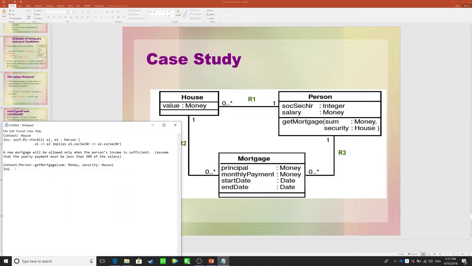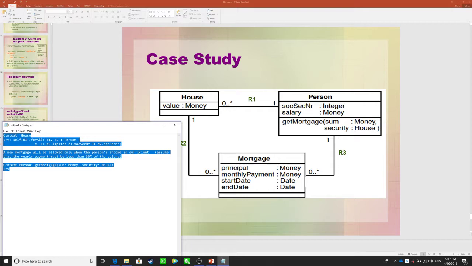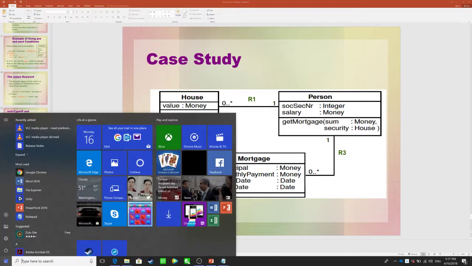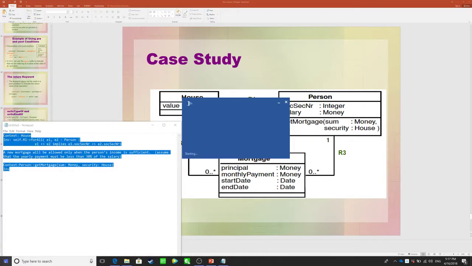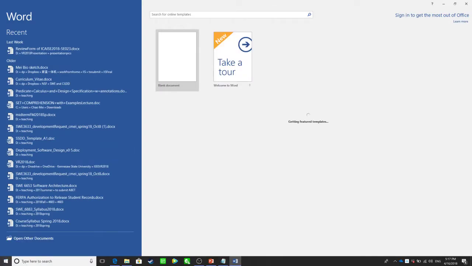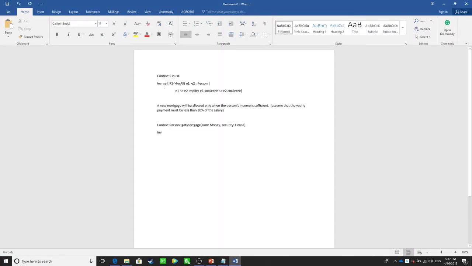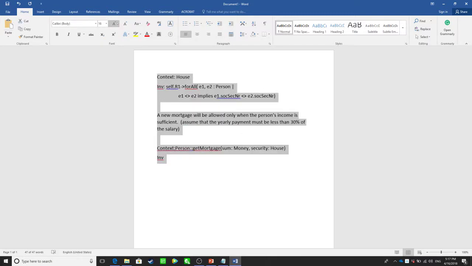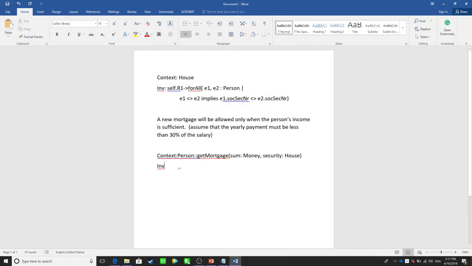Okay, let me use Word. When you use pre and post? Okay, it's big enough, right?